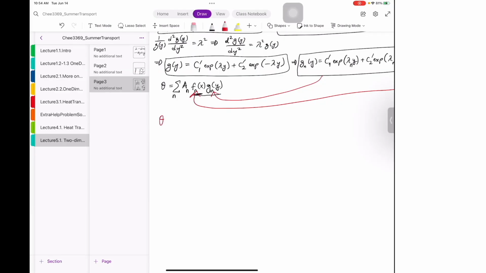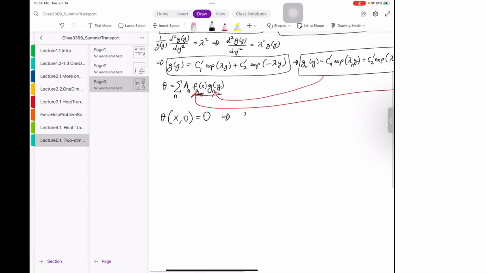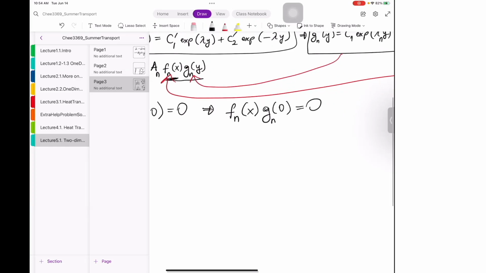So we know that theta at x comma 0, for any x but y equal to 0, is equal to 0, right? And from here we should write that f_n at x times g_n(0) is equal to 0, right?